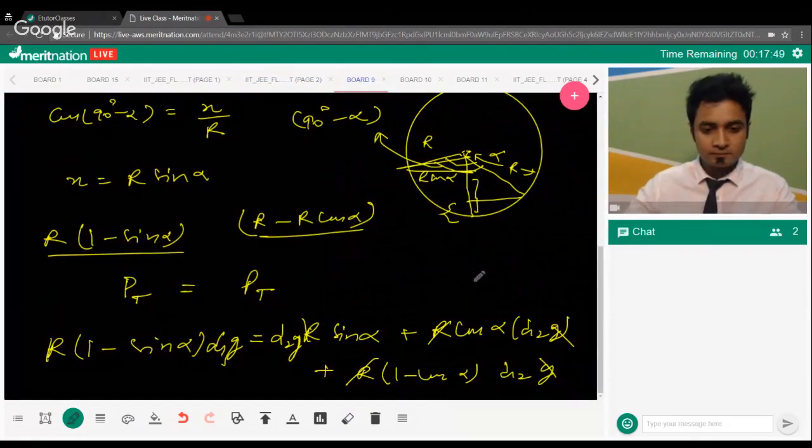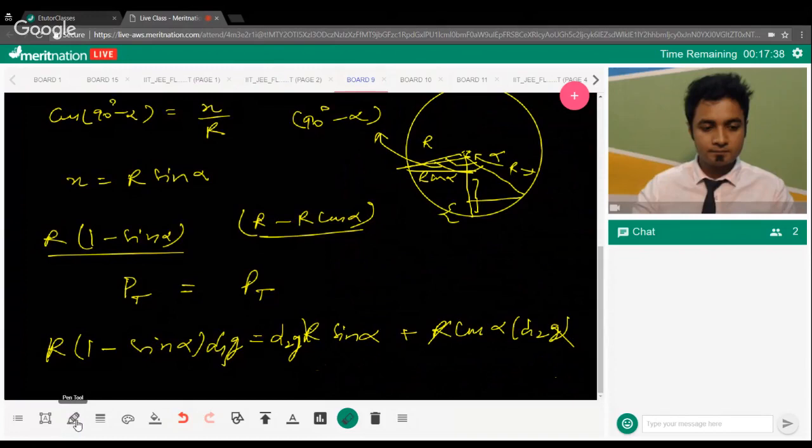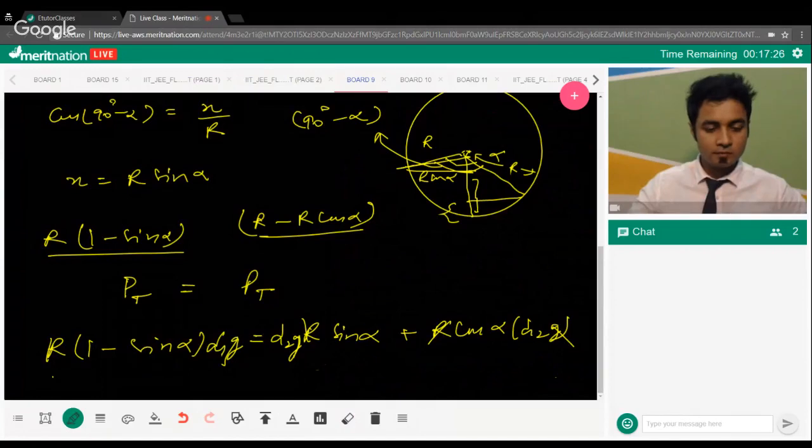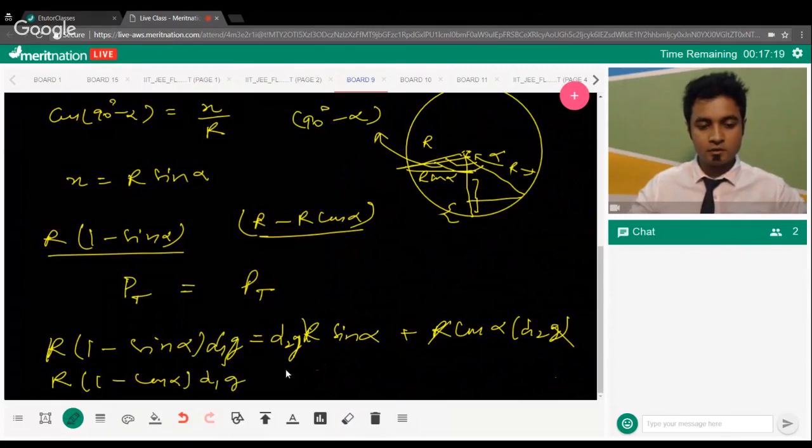This one is okay. Let me rewrite this equation. This one would be r(1 minus cos alpha) d1g. Again all these terms, the r and g, will be cancelled out.